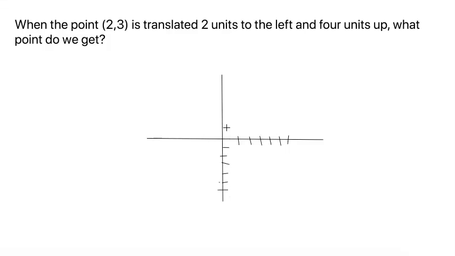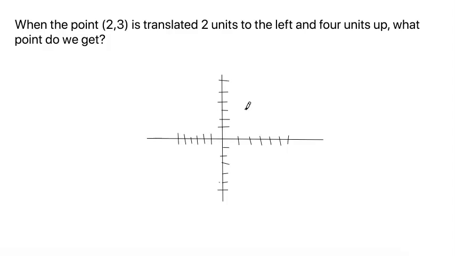Same thing up: 1, 2, 3, 4, 5, 6. Same thing to the left: 1, 2, 3, 4, 5, 6. So you end up with the point 2, 3. So 1, 2, 1, 2, 3.